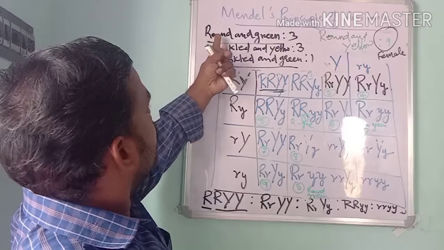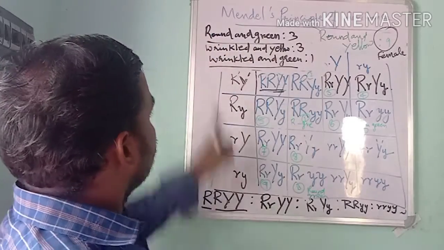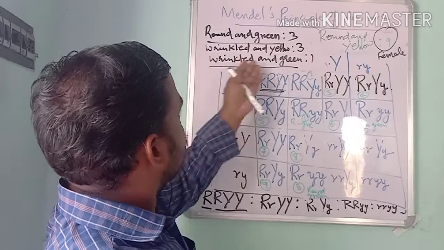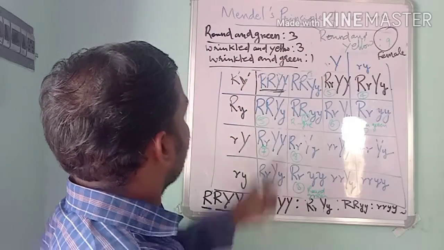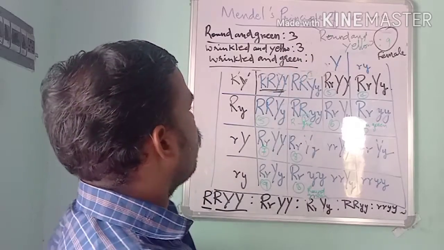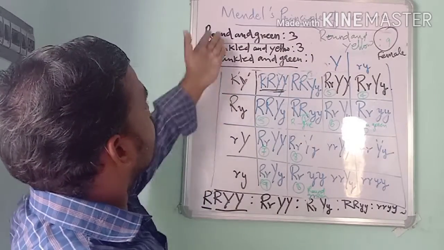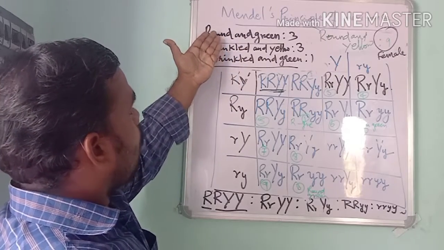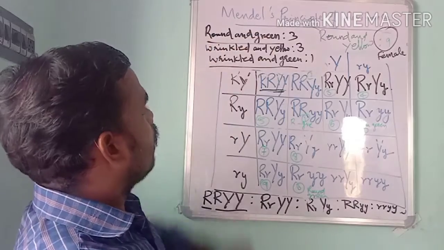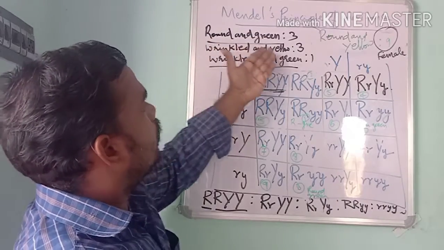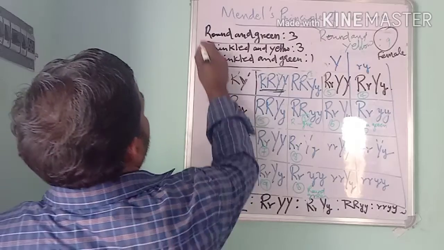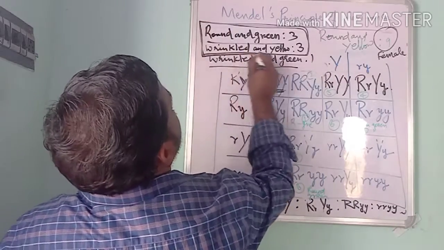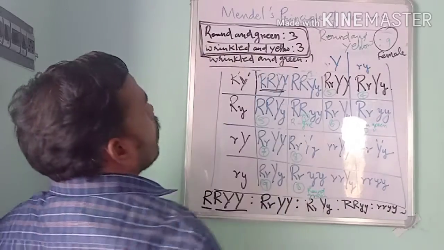So here see, round and green, wrinkled and yellow. These two are different, they do not belong to the parents. Okay, they do not resemble the pure parents what we have taken, because it's a combined round and green, round shape seed and green color, wrinkled shape and yellow color. These two are the new traits obtained in the F2 progeny of dihybrid.